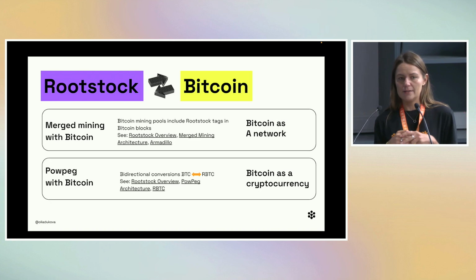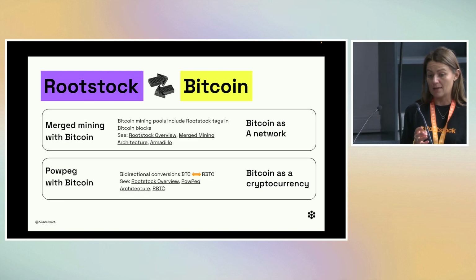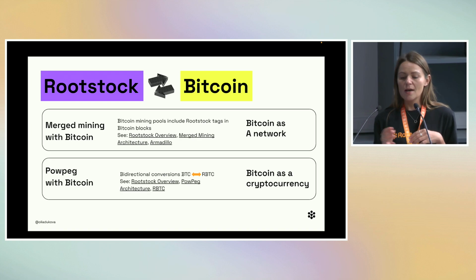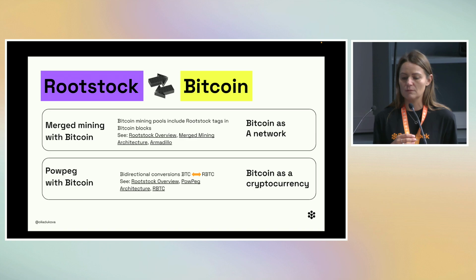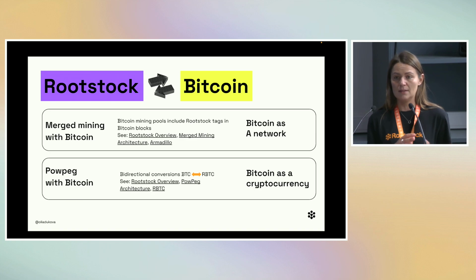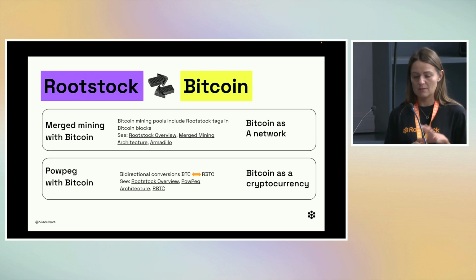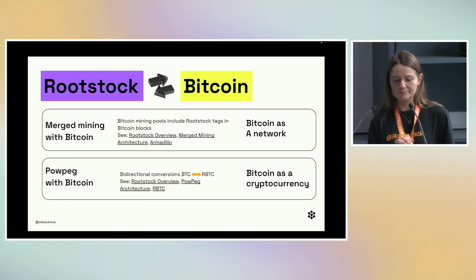And the difficulty of the cryptographic puzzle that is needed for the Rootstock chain is lower than is needed for the Bitcoin chain. Hence, some of the headers that do not solve the puzzle for Bitcoin are still valid solutions for the Rootstock network. You can check out more about how merge mining works on the site and read more about the architecture, but that's pretty much all you need to know at this point.